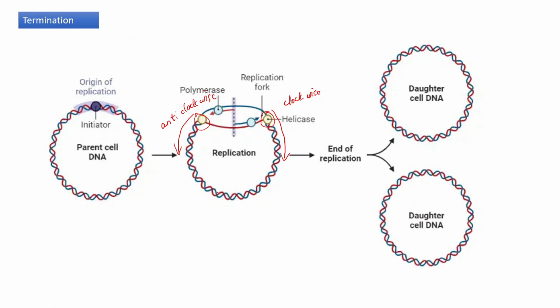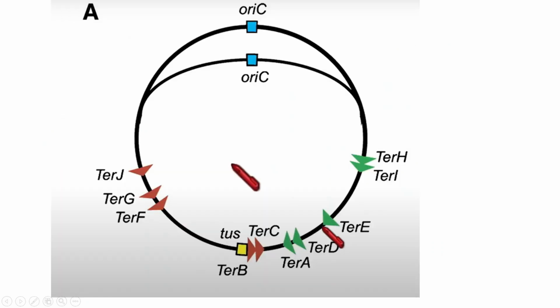But we need to understand some more details about how the termination happens on reaching this point. That is made by a certain sequence present at this point. Its name is TER sequence. So let's see about those sequences here.